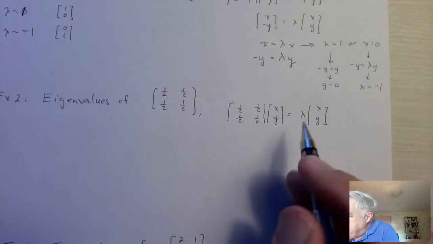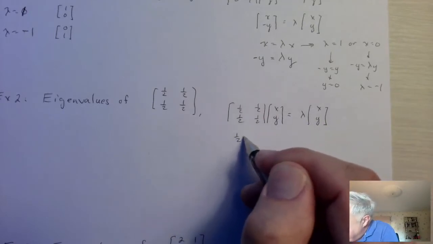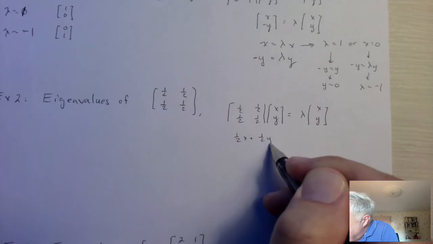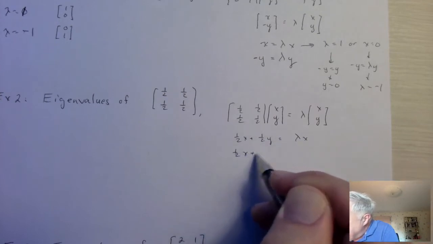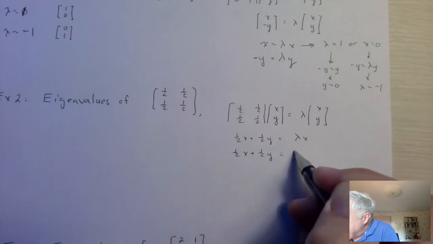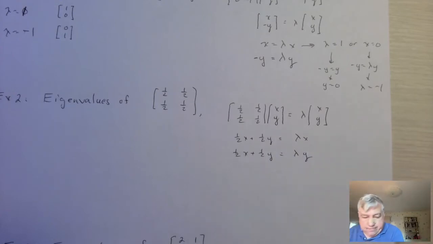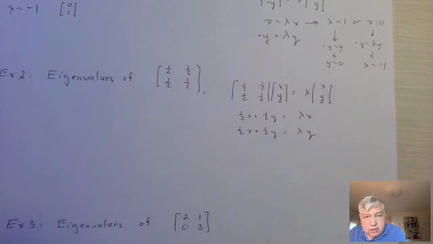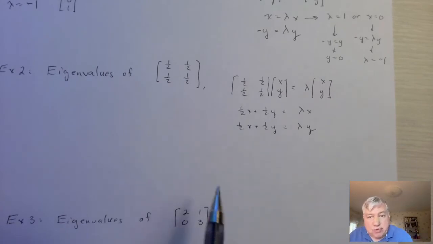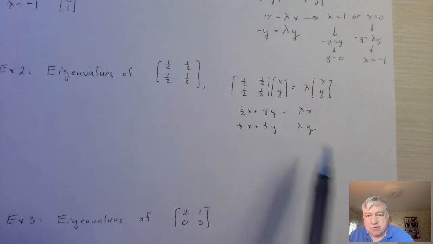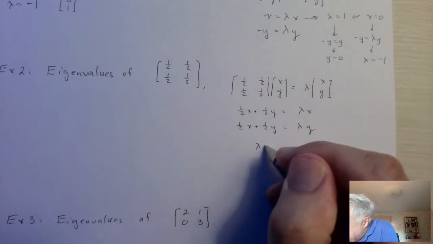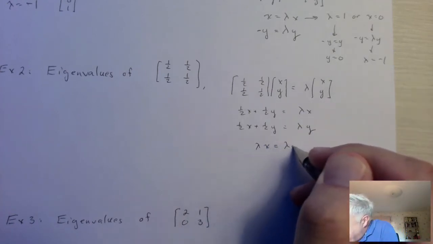And multiplying things out, this is going to be 1/2 x plus 1/2 y equals lambda x, and 1/2 x plus 1/2 y is equal to lambda y. We really don't have to go too much further to see that because this equals this, that means this has to equal this. So we get that lambda x equals lambda y.